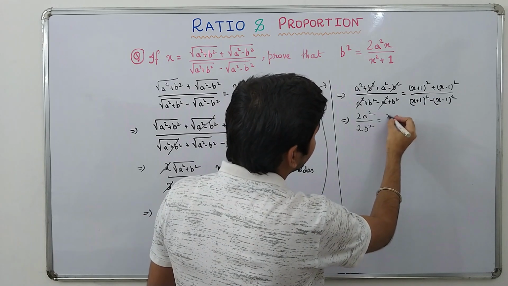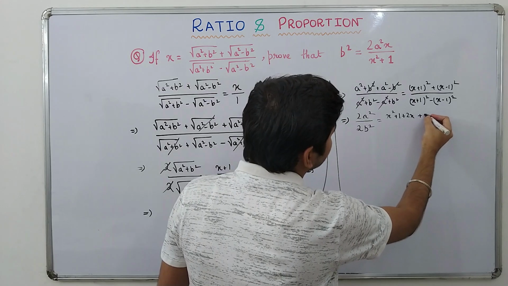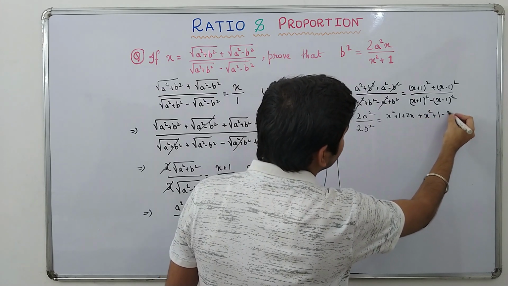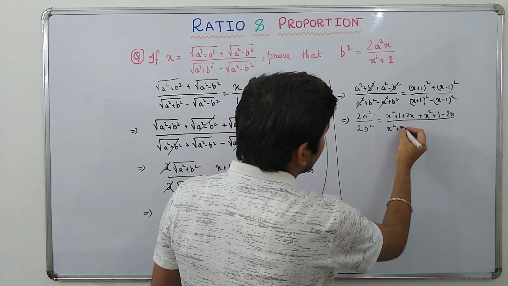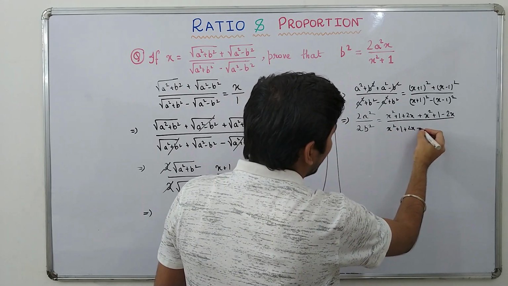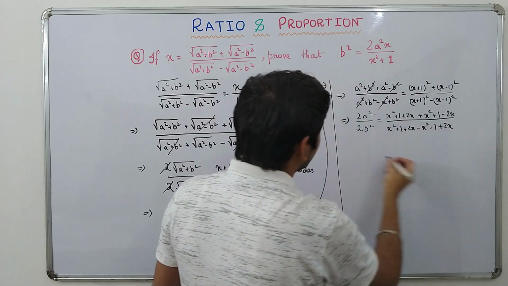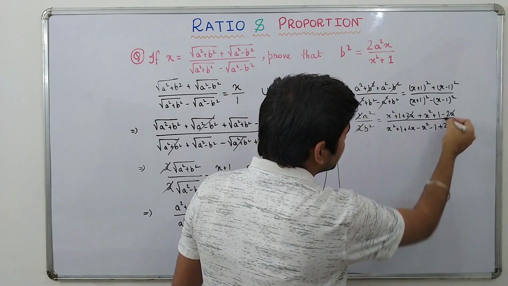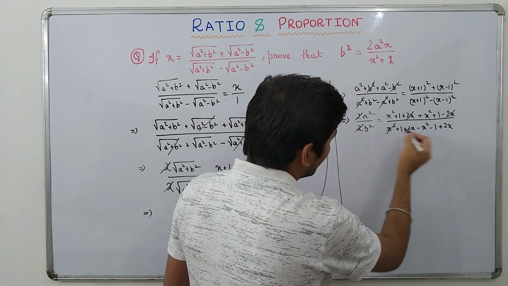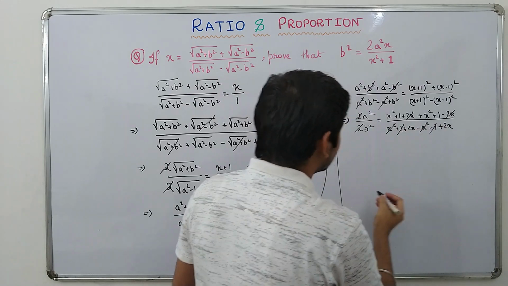So we will get x square plus 1 plus 2x plus x square plus 1 minus 2x by x square plus 1 plus 2x minus x square minus 1 plus 2x. So this 2 and this 2 get cancelled out, plus 2x minus 2x gets cancelled out, x square minus x square gets cancelled out, and plus 1 minus 1 gets cancelled out.